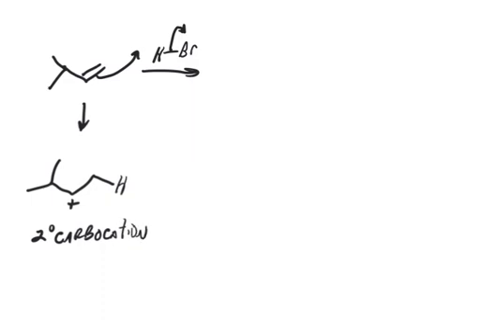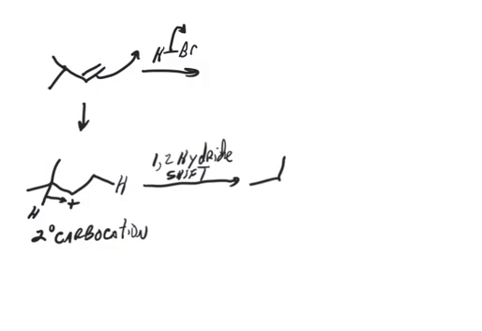But there's another lower energy alternative. If I could move this hydrogen over and do a 1,2 hydride shift, what happens is I generate a different carbocation intermediate.